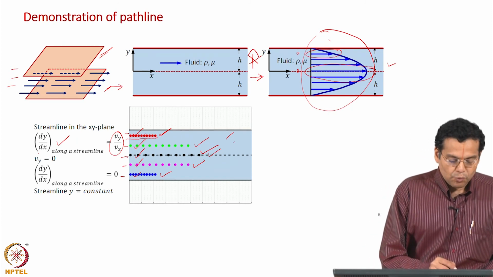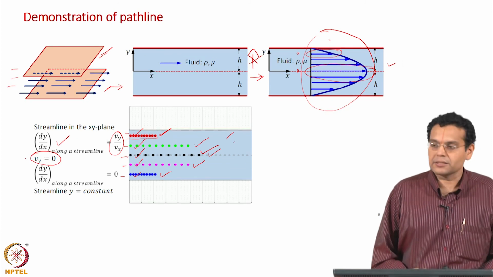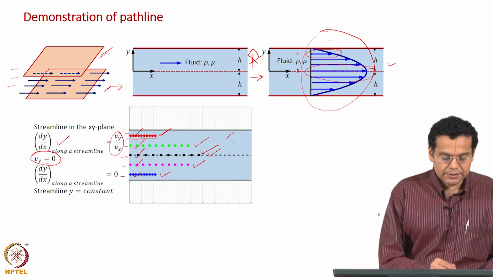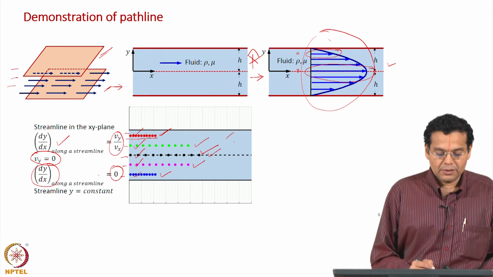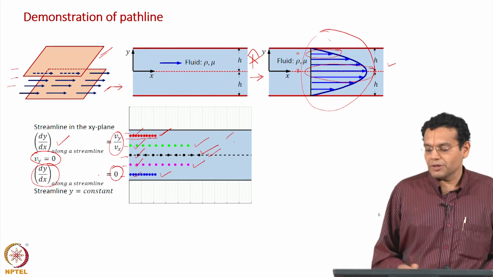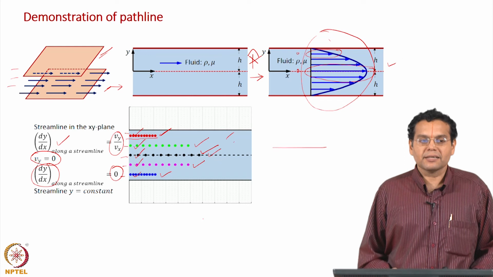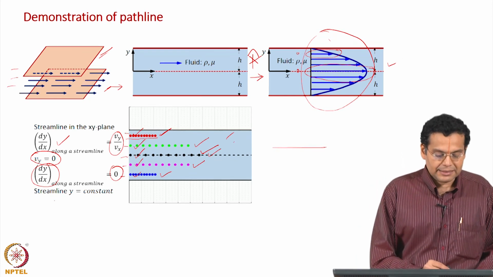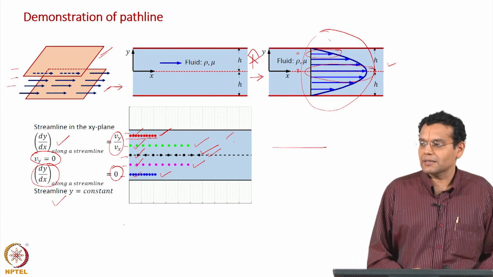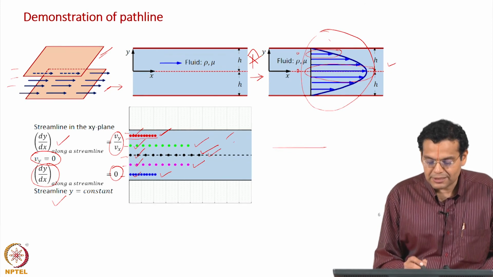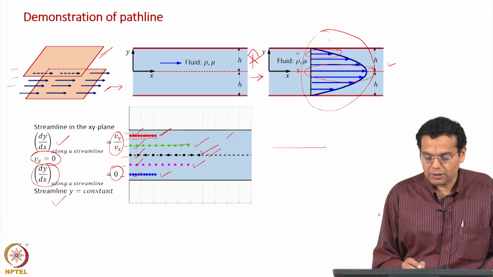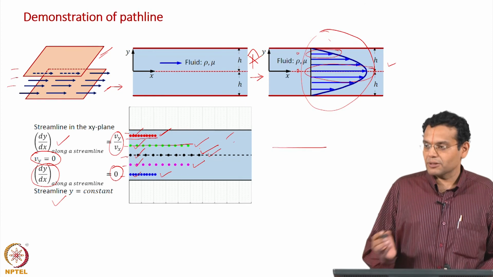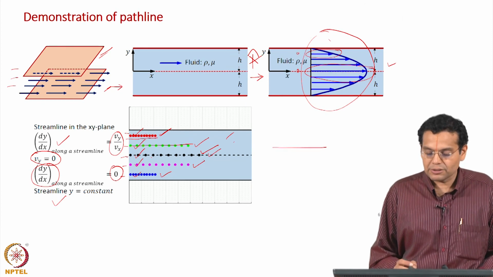So, the y component of velocity is 0, which means that this slope is 0. When the slope is 0, we know it is just a horizontal straight line, and streamline is y equal to constant. So, the path line is also a horizontal line, streamline is also a horizontal line.